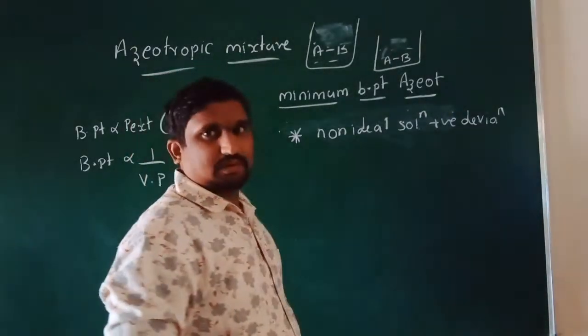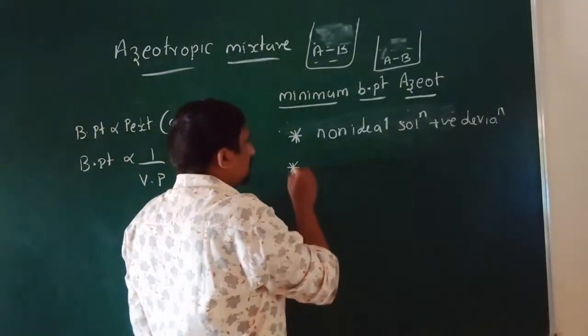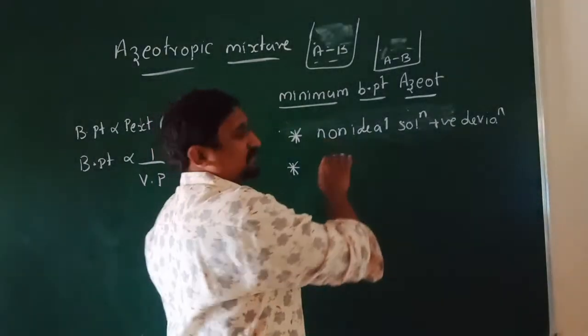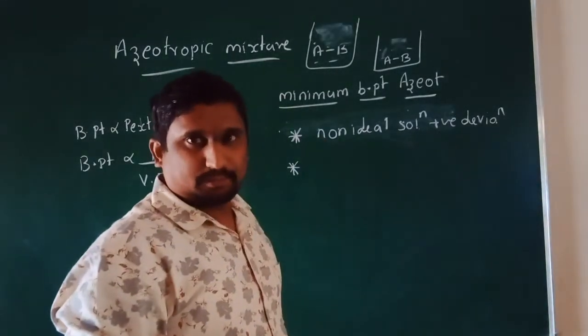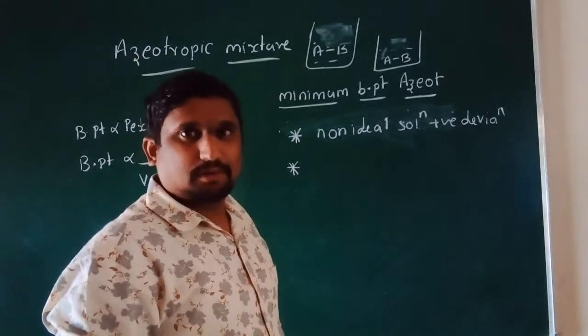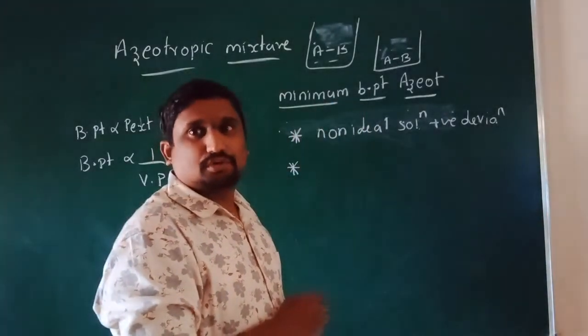Why is it called a minimum boiling point mixture? When compared to the boiling point of its components, the mixture has a lesser boiling point. Hence, we got the name minimum boiling point azeotropic mixture.